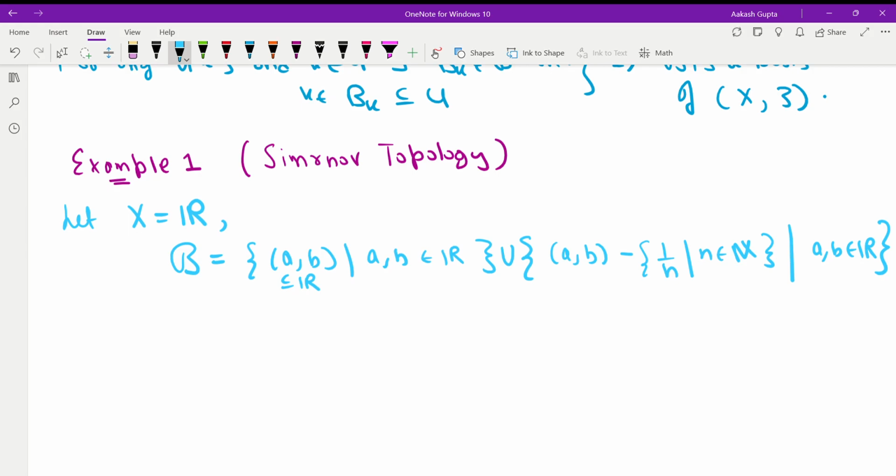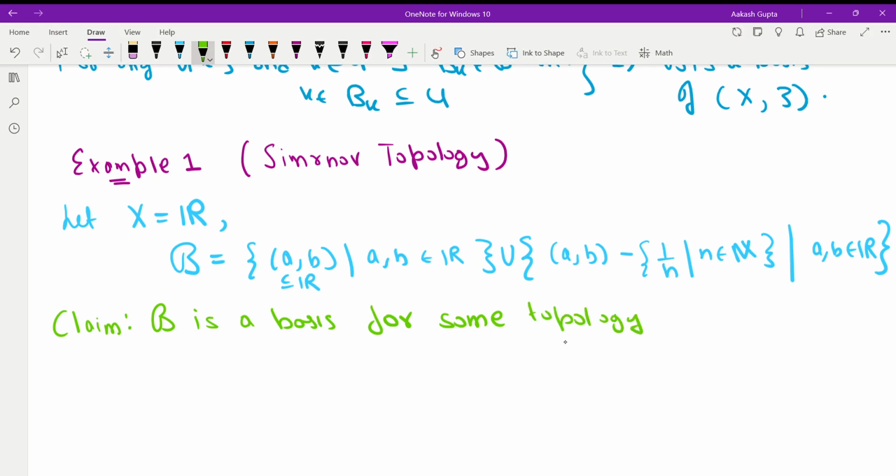Okay, so what is the claim? See the language properly. Claim: script B is a basis of, no, for some topology on R, which we call, or which is known as, the Smirnov topology.